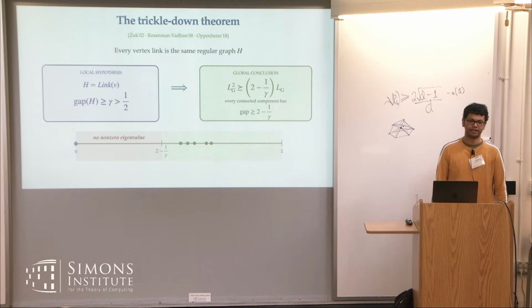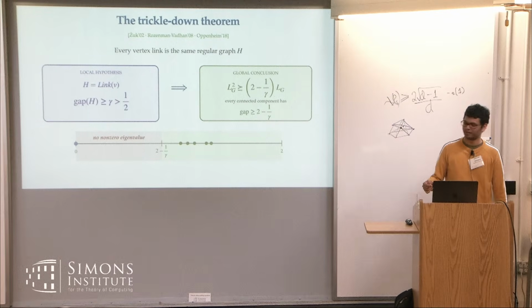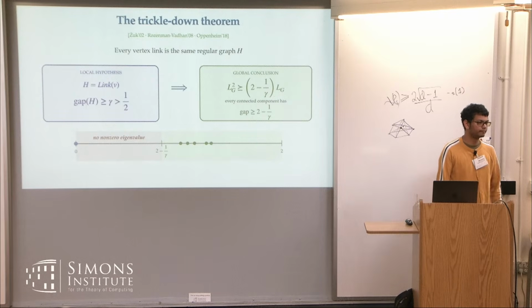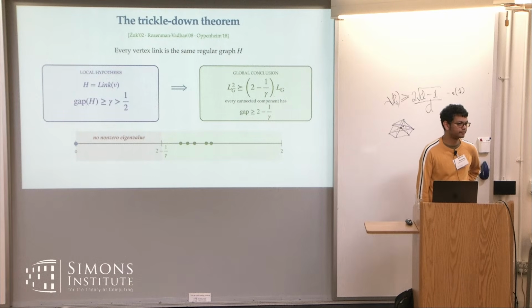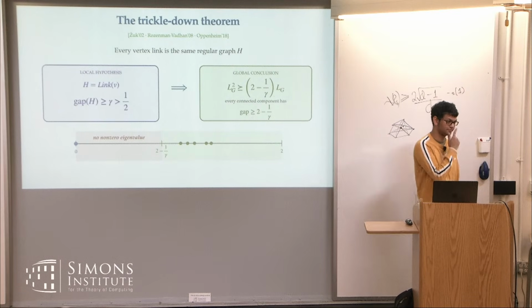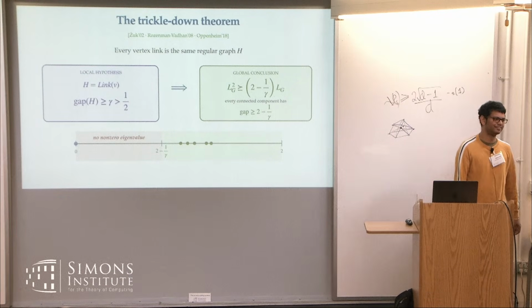No, you don't need all the links to be the same. I just presented the proof that way. If you want to say that the final graph is an expander, you need it to be connected, right? Because otherwise it just says every component is connected. Yeah, exactly. I think that's a good point.